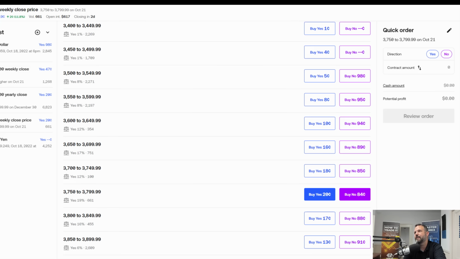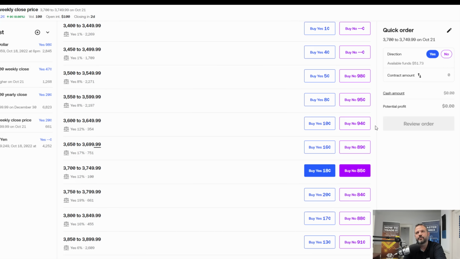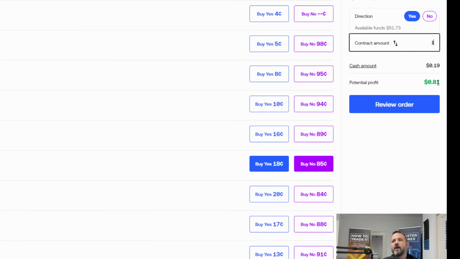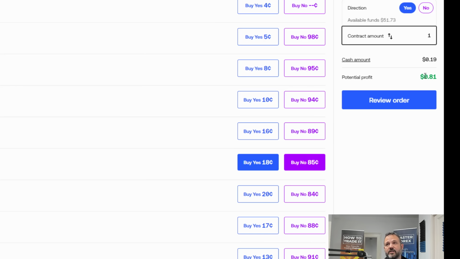So in order to do that, we might go down and take a look at how this works. So if we say yes, you'll notice that we get a much better payout, right? So it'll cost us 19 cents, we make 81. But the probability of making it is much lower, right? So in this case, you get a great payout, but low probability. In this case, you get a high probability, but a low profit, right?